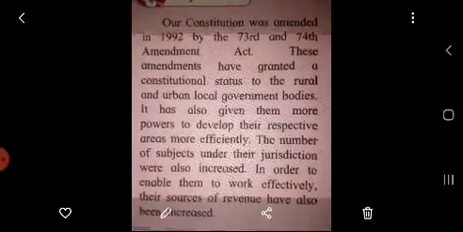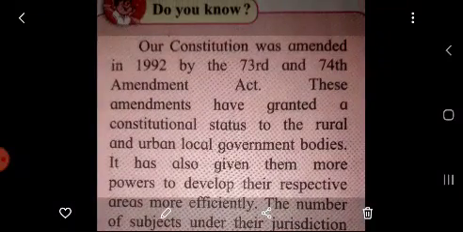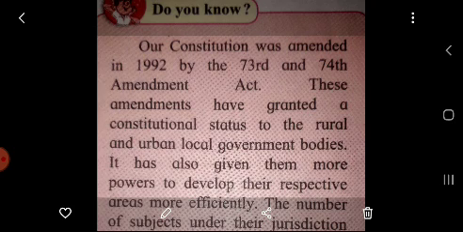next, our constitution. Our constitution was amended in the year 1992 by the 73rd and the 74th Amendment Act. These amendments have granted a constitutional status to the rural as well as to the urban local government bodies.